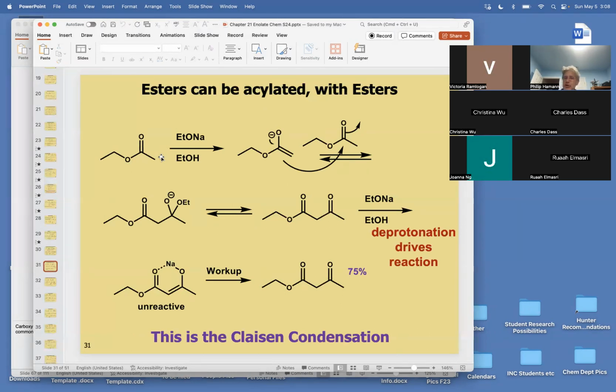You can only call it dimerization if everything's kept, and it's not here, but informally you can say it's kind of a dimerization. The enolate drawn here is the nucleophile, but the undeprotonated ester here is the electrophile. This undergoes addition-elimination to make the product here, but you have sodium ethoxide present, so this is going to be deprotonated.